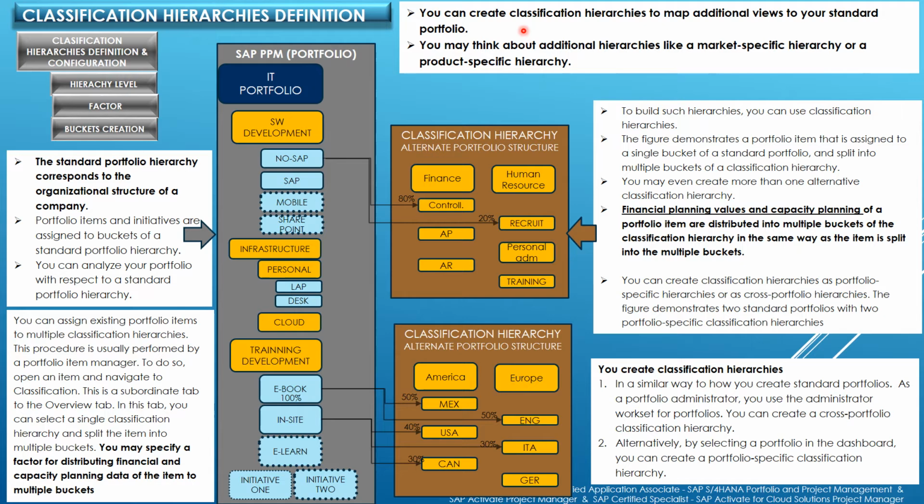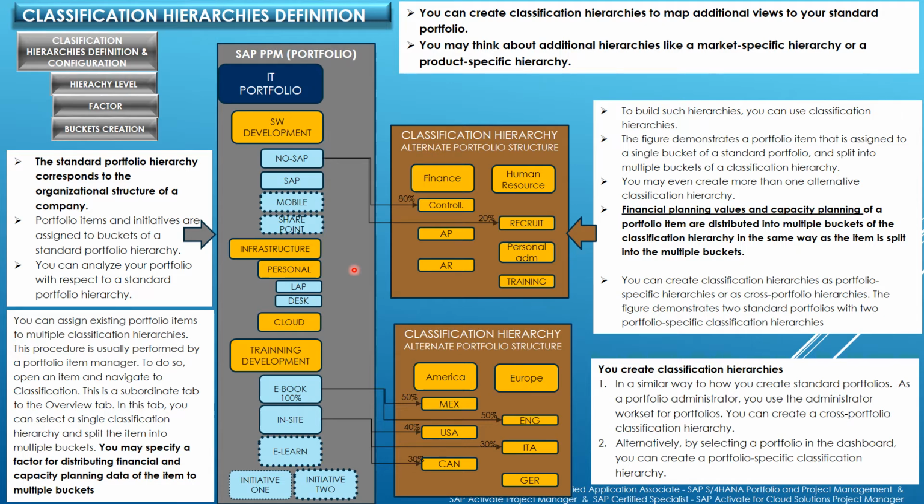You may think about additional hierarchies like a market-specific hierarchy or a product-specific hierarchy. In this figure, I am representing the standard view. I mean, the standard view is the structure that we create for a portfolio.